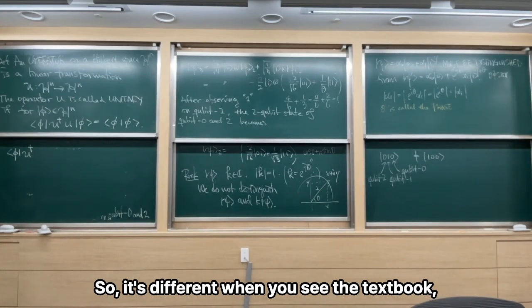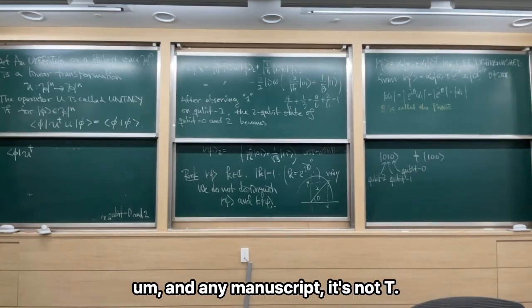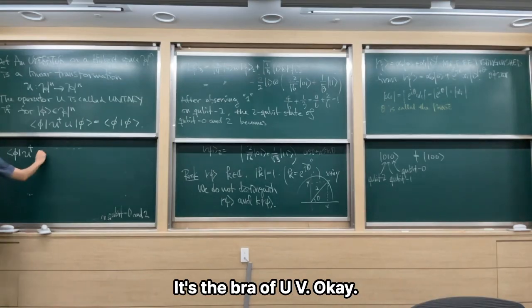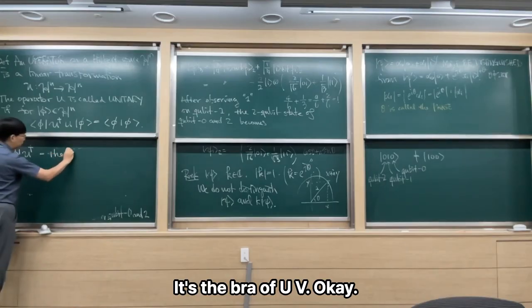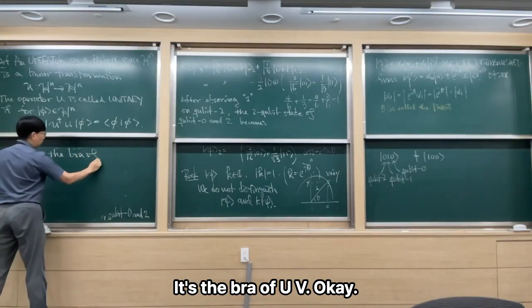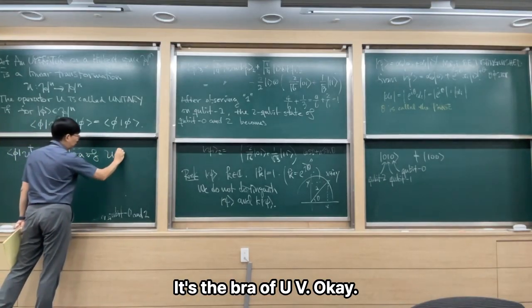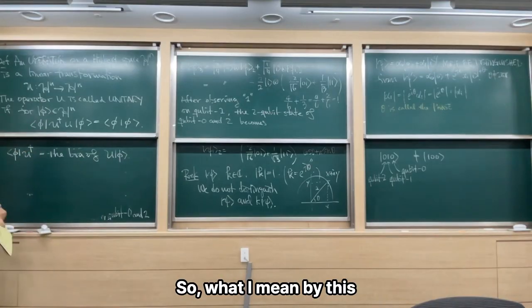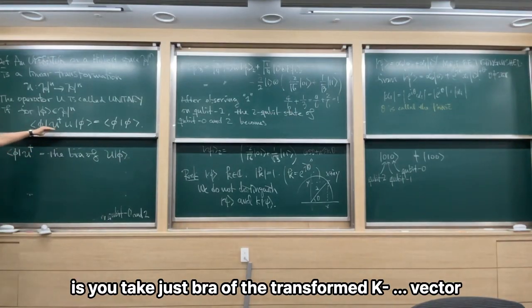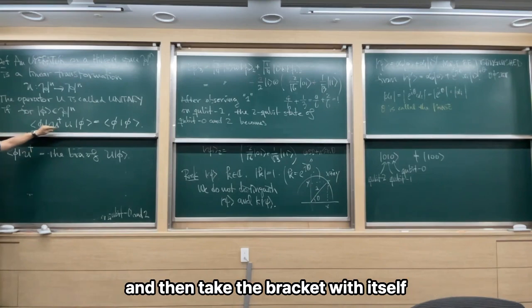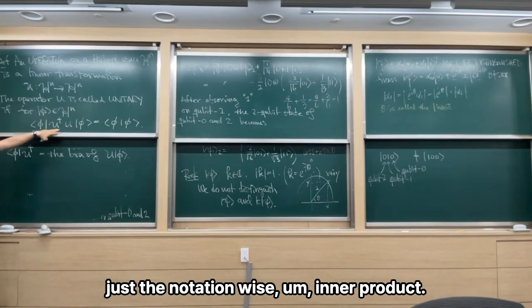It's different when you see the textbook; in any manuscript, it's not T. It's the bra of U phi. So what I mean by this is you take the bra of the transformed vector and then take the bracket with itself, and that's just the notation-wise inner product.